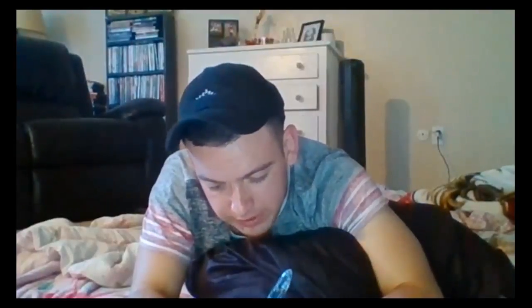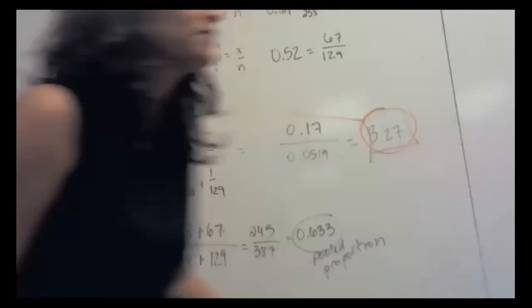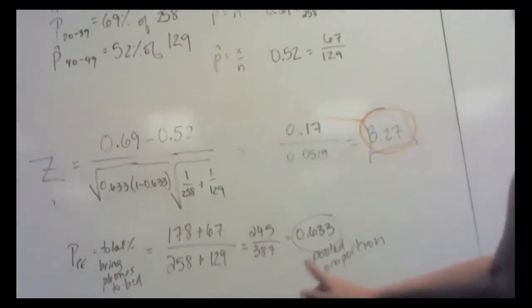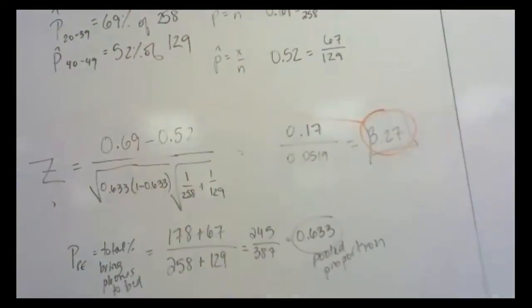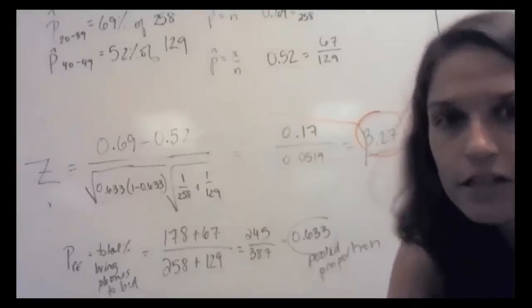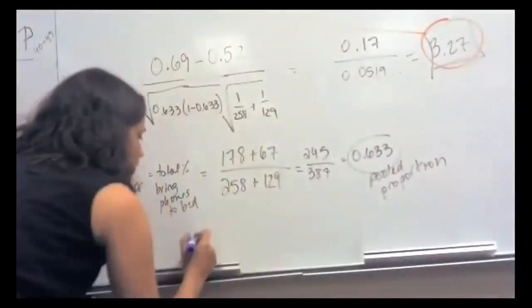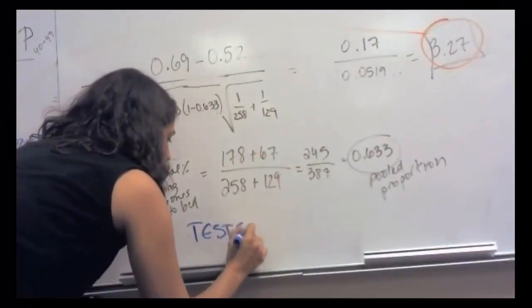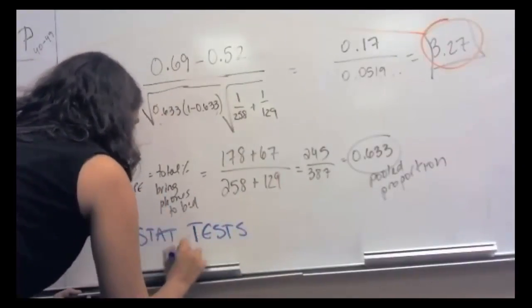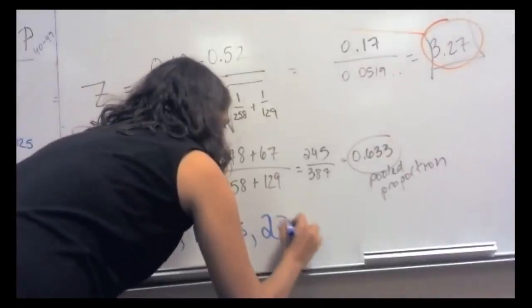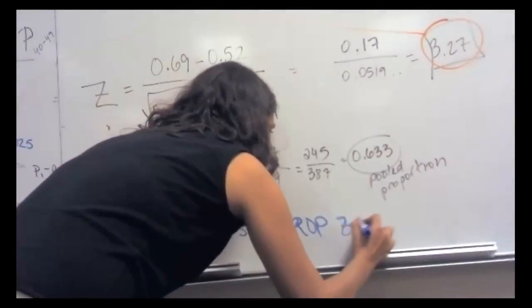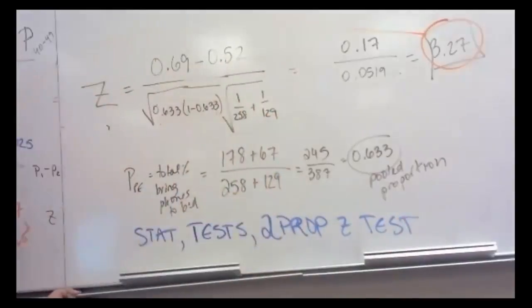If you're going to do this on a calculator, you're going to go to stat, test, and it's a 2-prop Z test in your calculator.